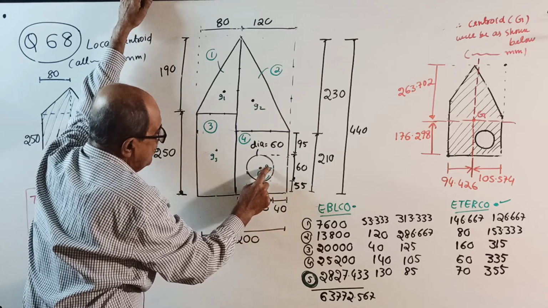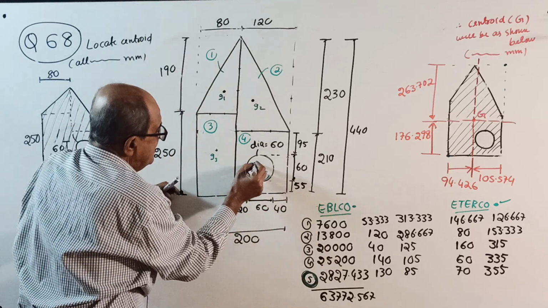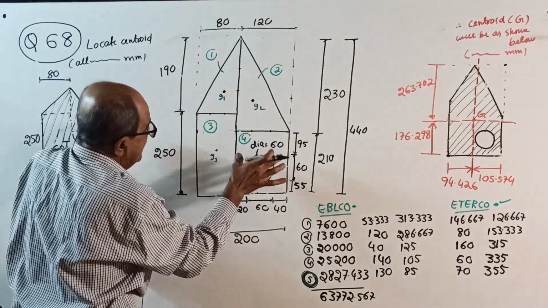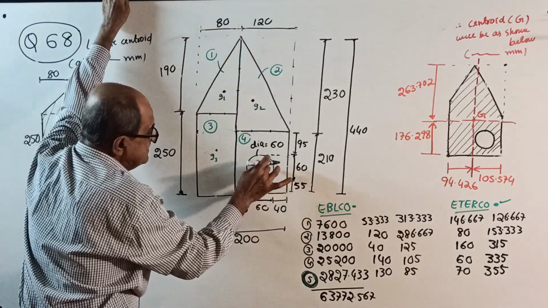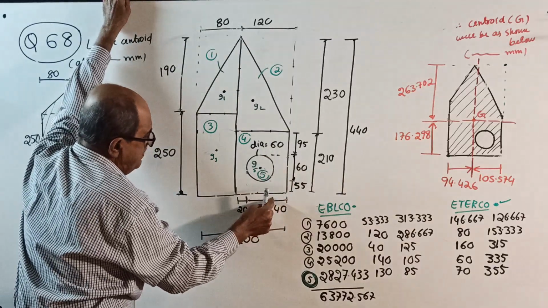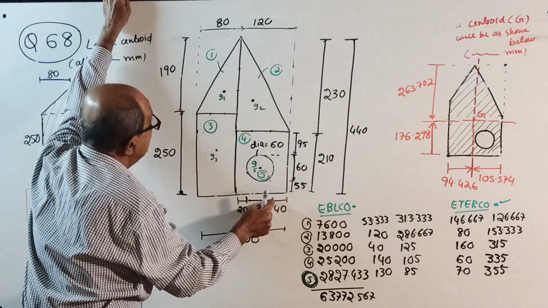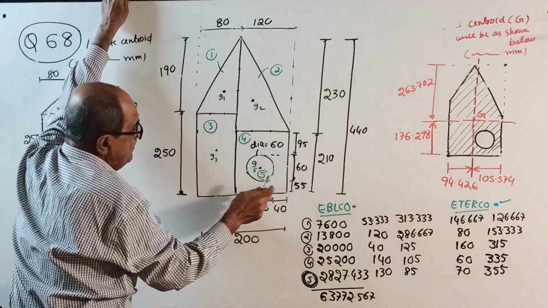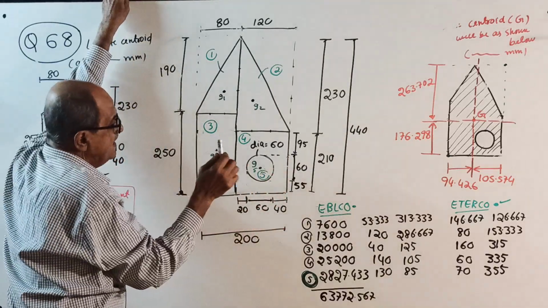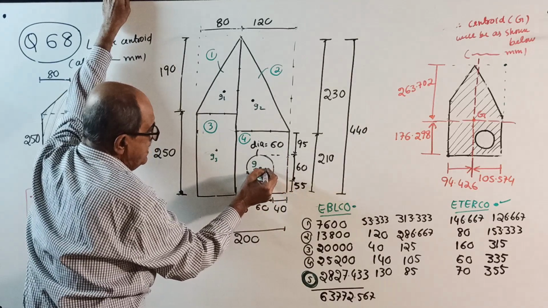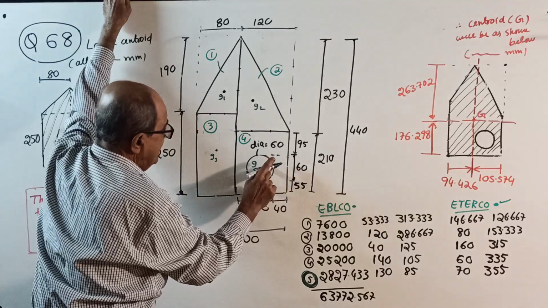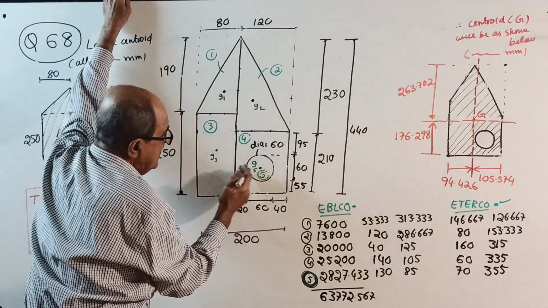Therefore, the centroid of the rectangle will be inside the circle. This is 40, then this is 120, so the centroid is at a distance of 60, that is 40 plus 20. So somewhere here, at mid height.